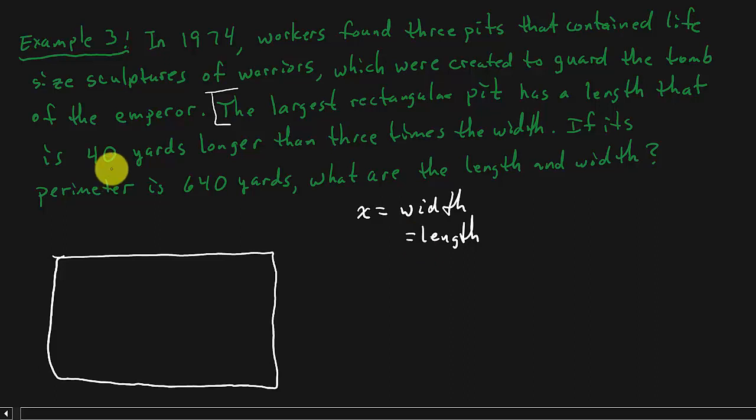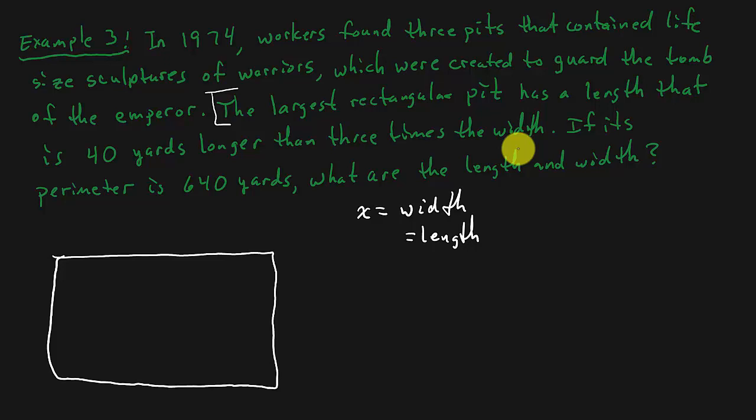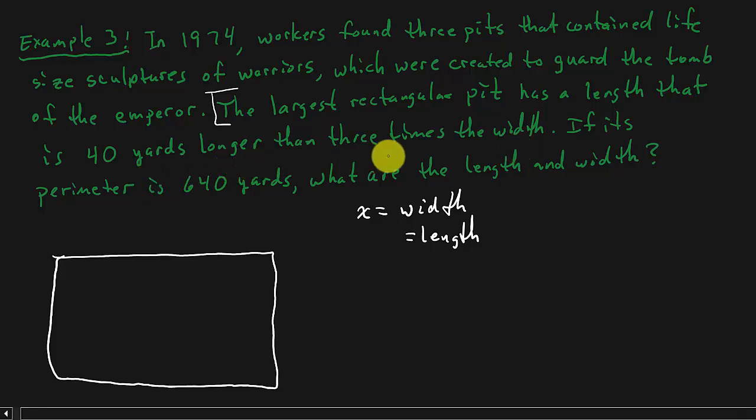Well, let's see. 40 yards longer than 3 times the width. 40 yards longer, so that means plus 40, right? And it's 40 yards longer than 3 times the width. So that's what? 3x is 3 times the width, and it's 40 yards longer than that. So that's the plus 40.